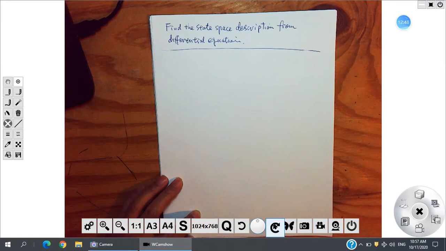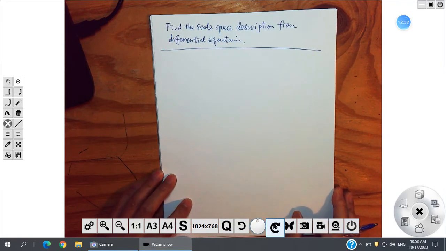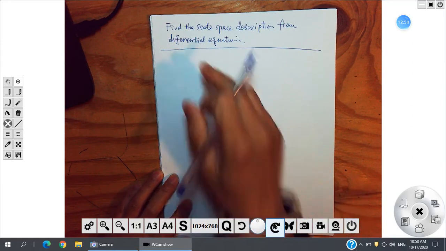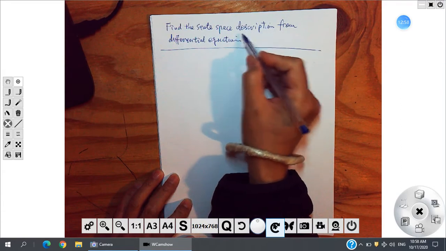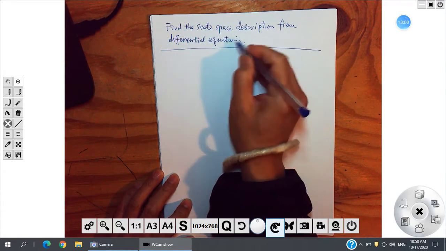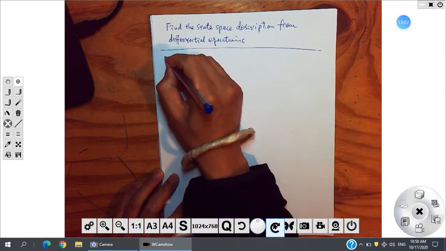So far, in most cases, we describe a system by one differential equation, right? So now we consider how to find the state space description from differential equations. I use an example to explain it.